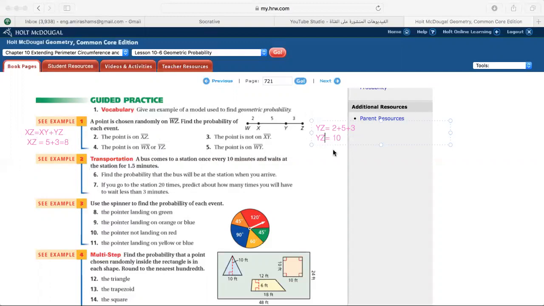Okay, girls? So for XZ, it is 8 over the whole, which is 10, and if I want to simplify, I divide by 2, so it is equal to 4 over 5.